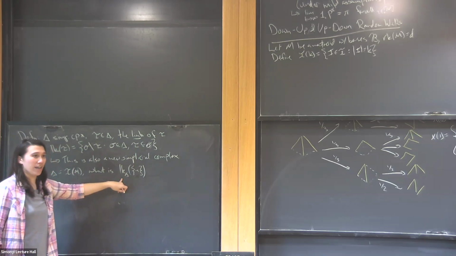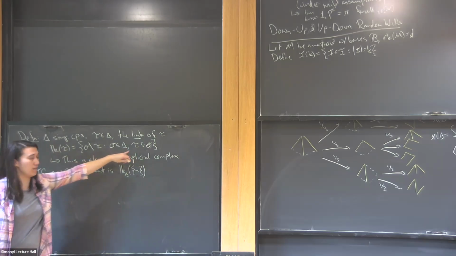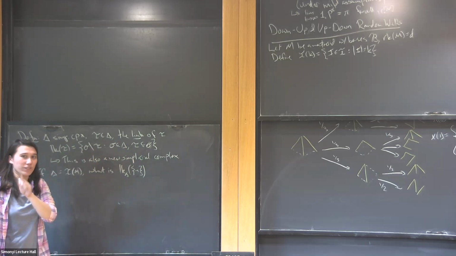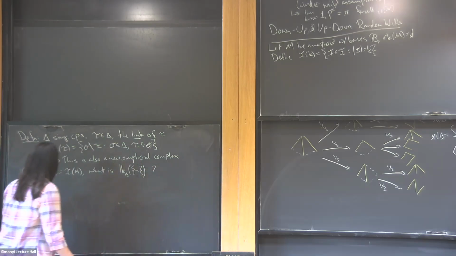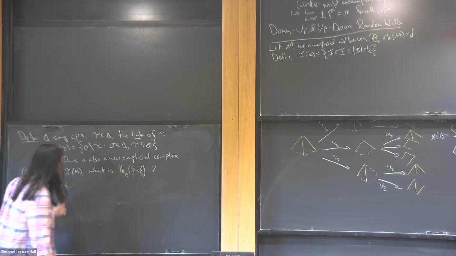What is the link of I in this complex, in terms of matroids? I think it's, so we want I to be in the face and then remove I from it. So contraction. Yeah, so it's contraction. So this is the same as M contract I.